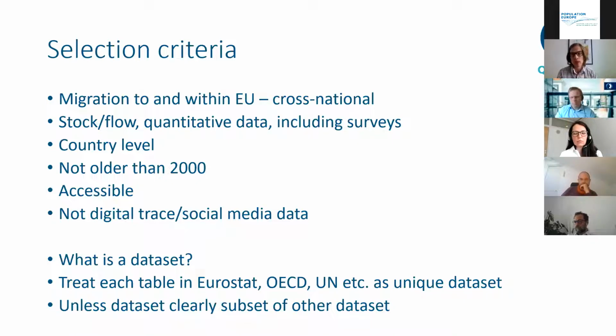This is not always the case, but we always try to indicate where you can get the data. This data inventory does not include what has been more recently used, like digital trace or social media data. This is really another type of data, and also it's not always easy to get this type of data.